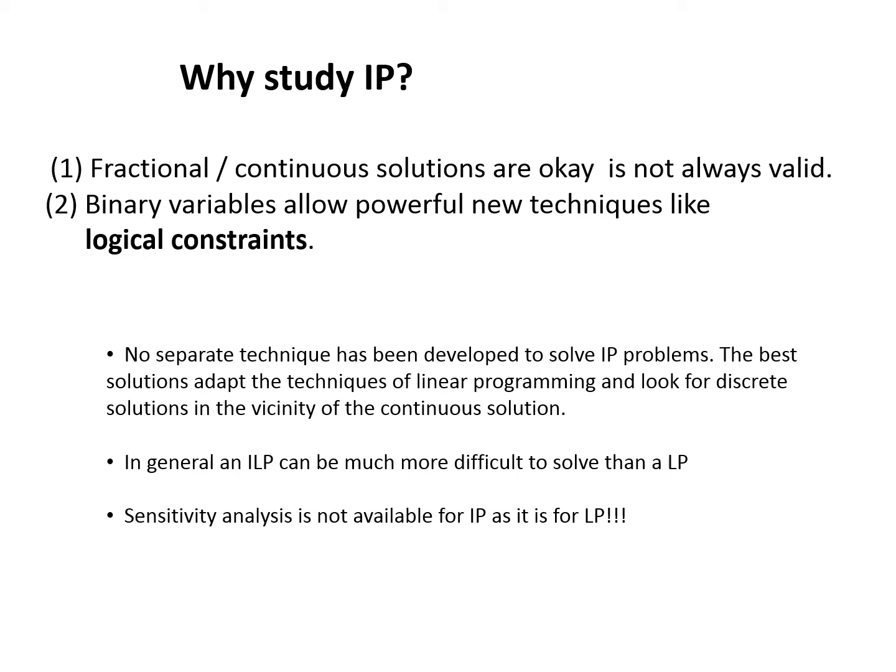The other thing I also mentioned briefly is the use of logical constraints. Integer programs are important and necessary when we use logical constraints in our formulation, things like if-then statements or if-then constraints. If the value of x is this and that, then I want this constraint to be active or not active.